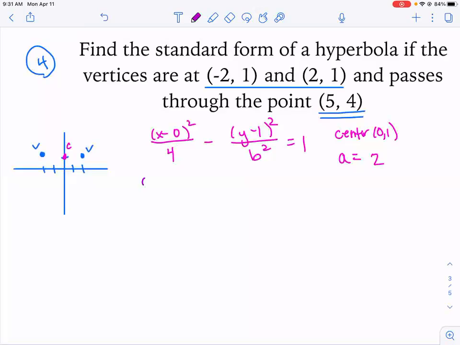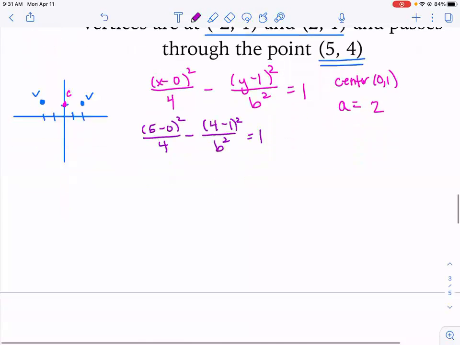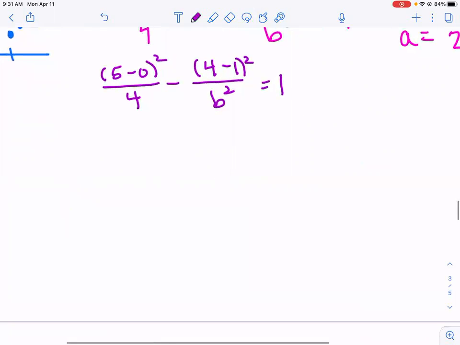Okay, so we have 5 minus 0 squared over 4 minus 4 minus 1 squared over b squared equals 1. Okay, so we have 25/4 minus 9 over b squared equals 1.